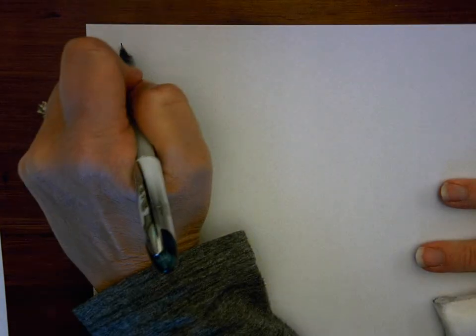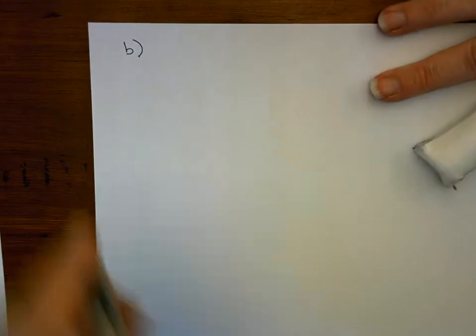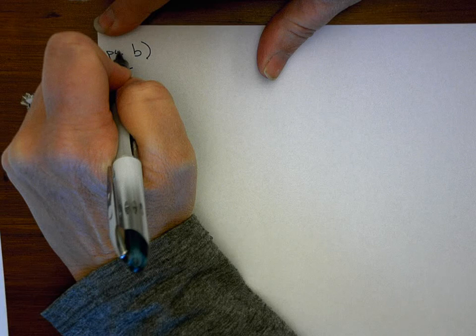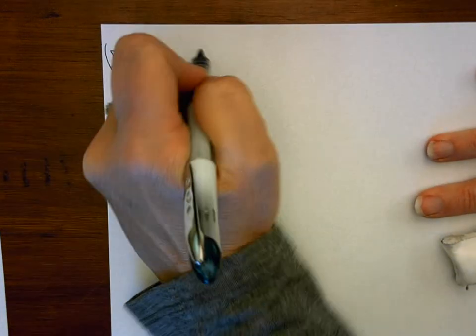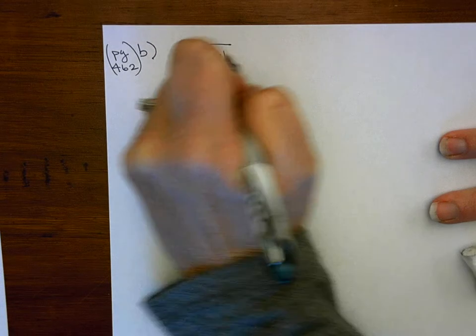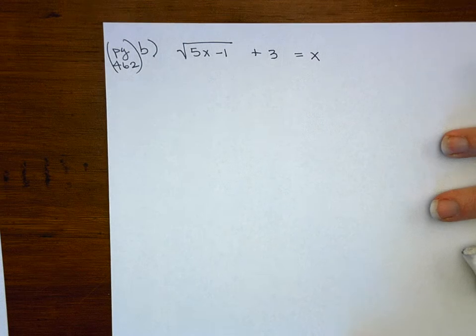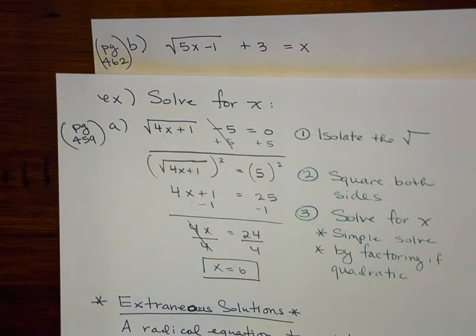This is example B, which is problem number 4 on page 462 out of our book. We're still going to follow the same steps, so let's look at these again to review them.